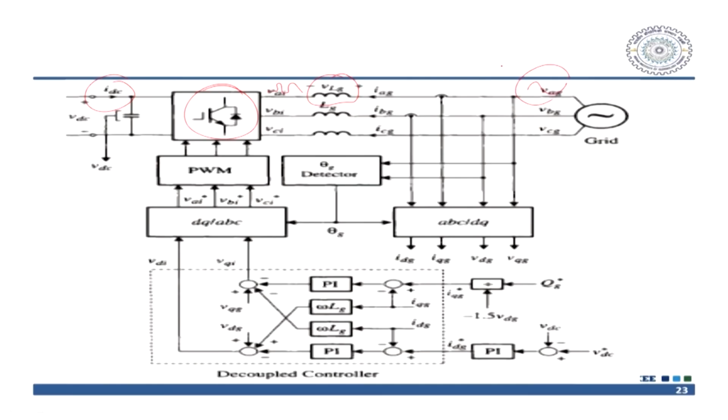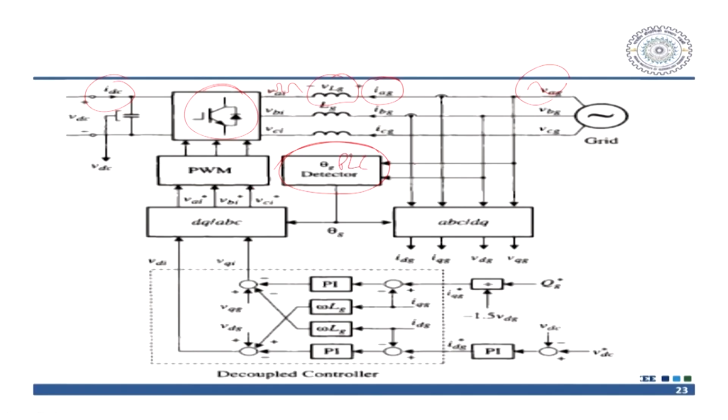You cannot couple them together, and due to that you require to connect an inductor in between. After that the grid currents become IAG, IBG, ICG, and this is the detector of the PLL, or you can write the theta detector.